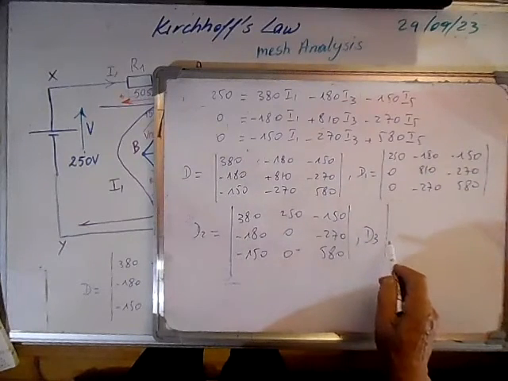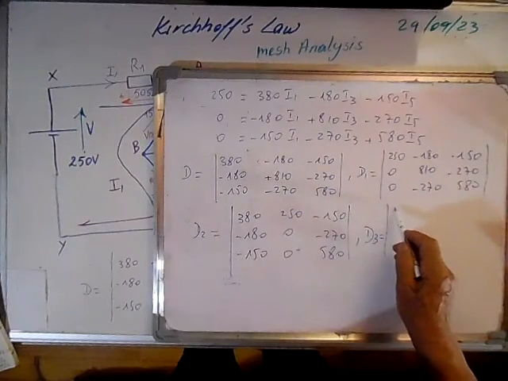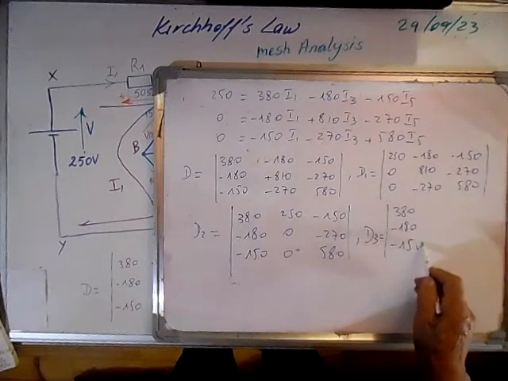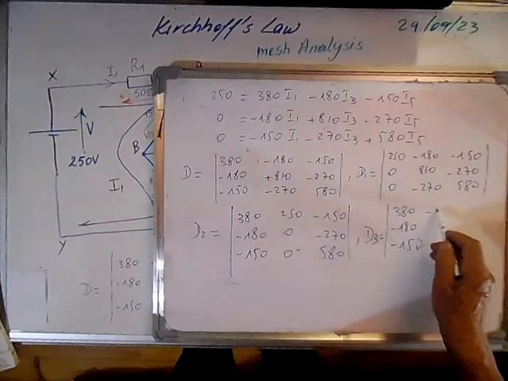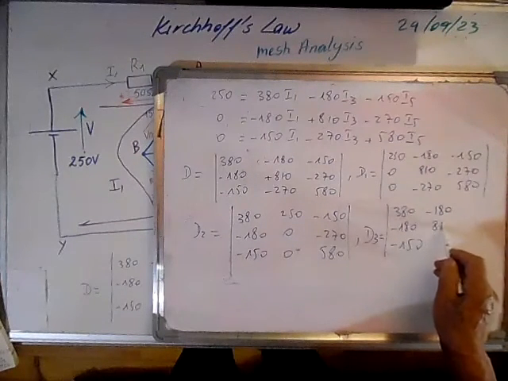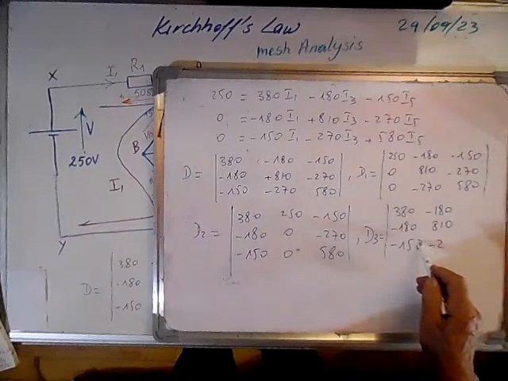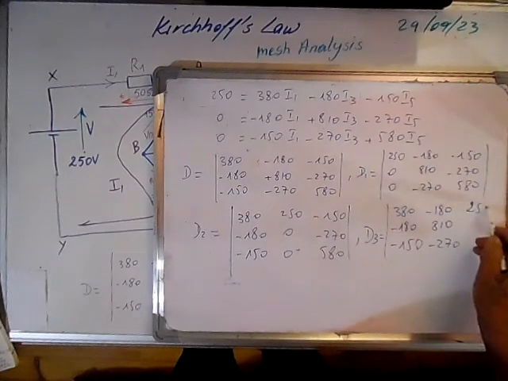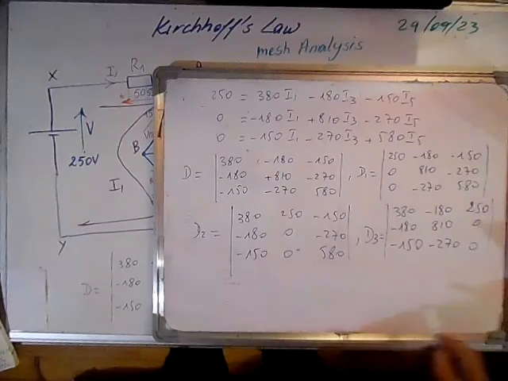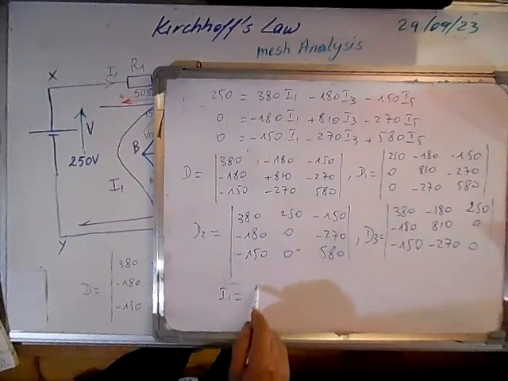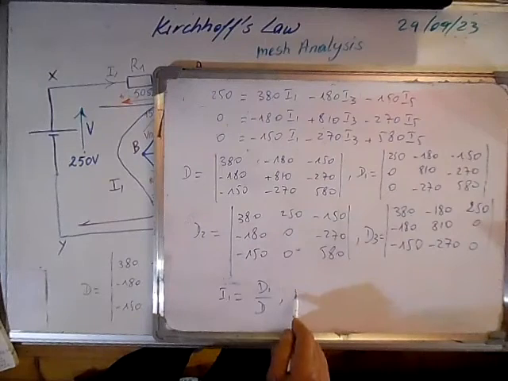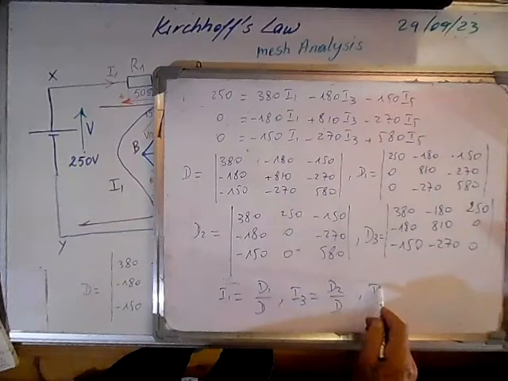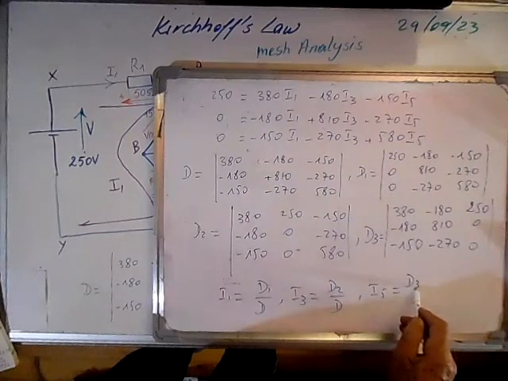I3 will be equal to 380 minus 180, 150, minus 180, 810, 270, here 250, 0, 0. So we can calculate I1 is D1 over D, I3 is D2 over D, and I5 is D3 over D.